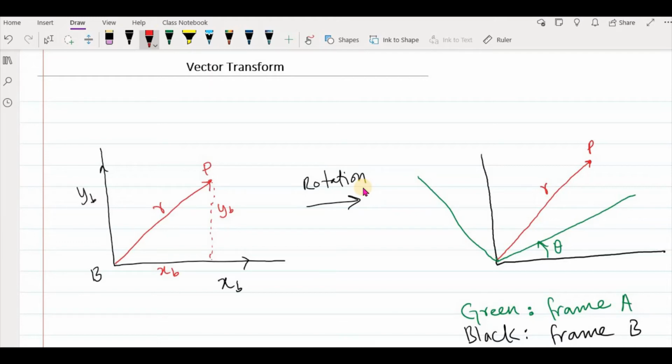So if you see the y component of this vector, this was in the original frame, and now this is in the rotated frame. This was YA.